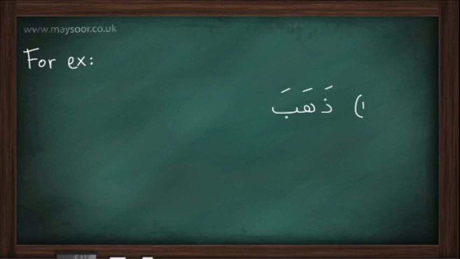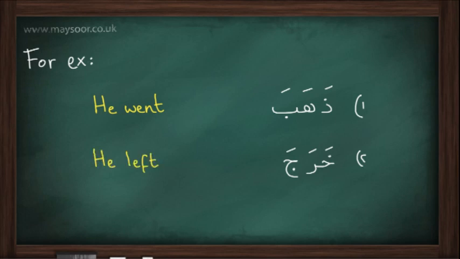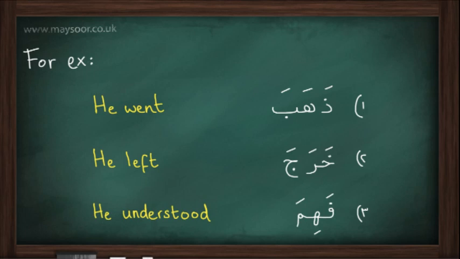Number 1, ذهب, which means he went. Number 2, kha-ra-ja, which means he left. And number 3, fahima, which means he understood.